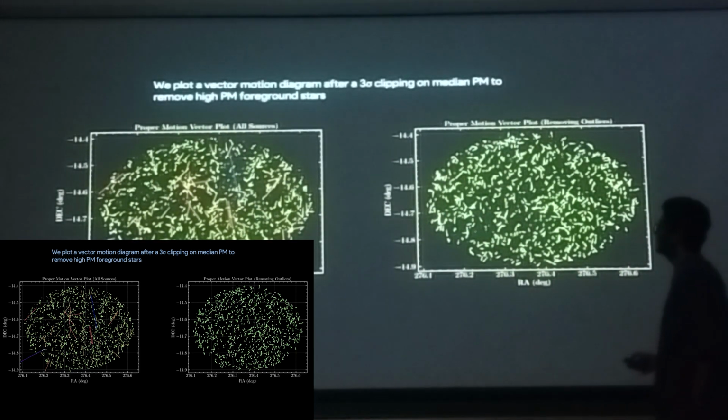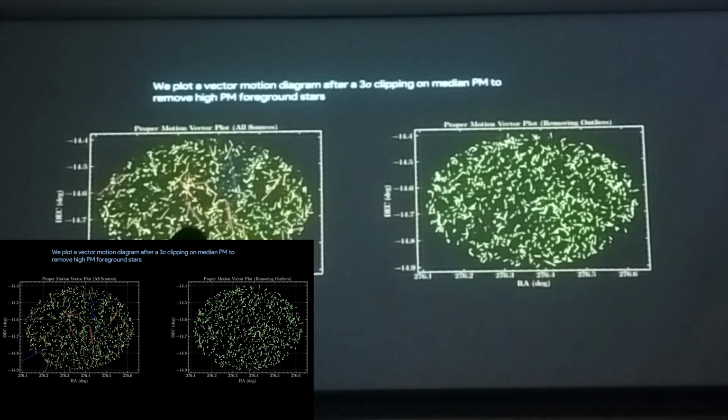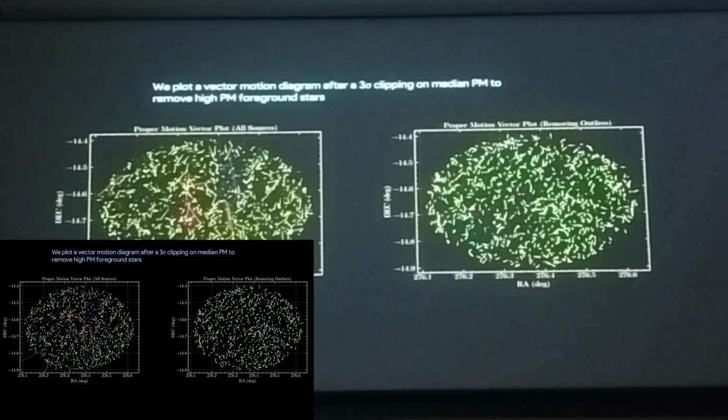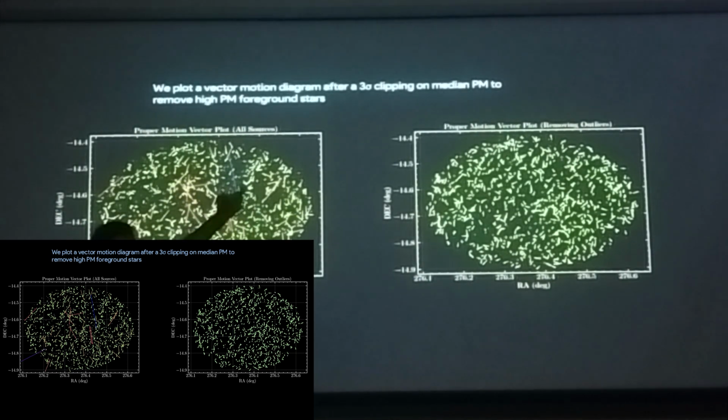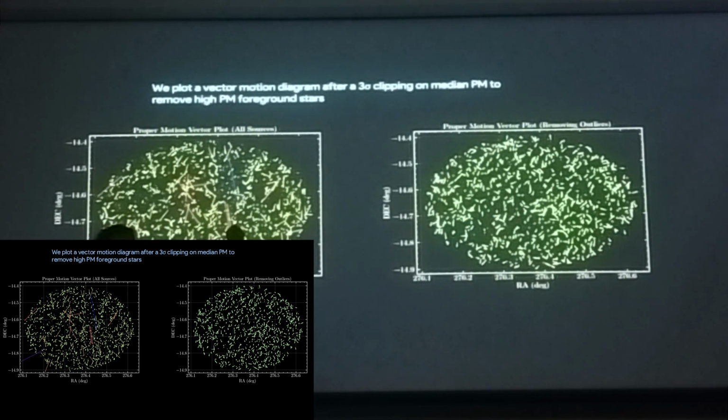So notice that some of these long randomly pointed arrows, like yellow, purple, red, are actually high proper motion foreground stars. What actually happens is, if this is a cluster, there will be some foreground stars in our line of sight, and since they are near Earth, they will have a higher proper motion because they have a higher parallax value, and there will be a lot of background stars.